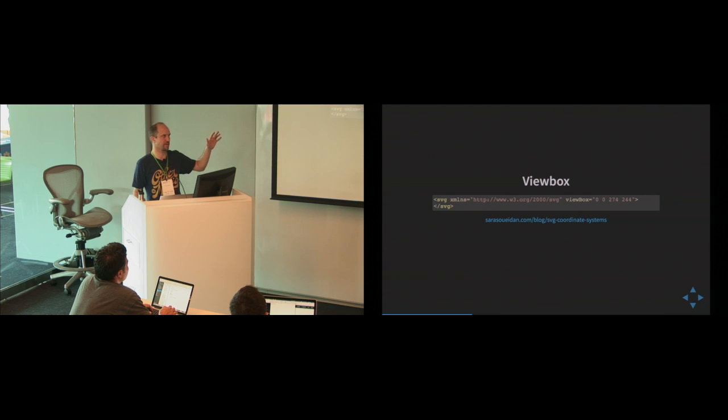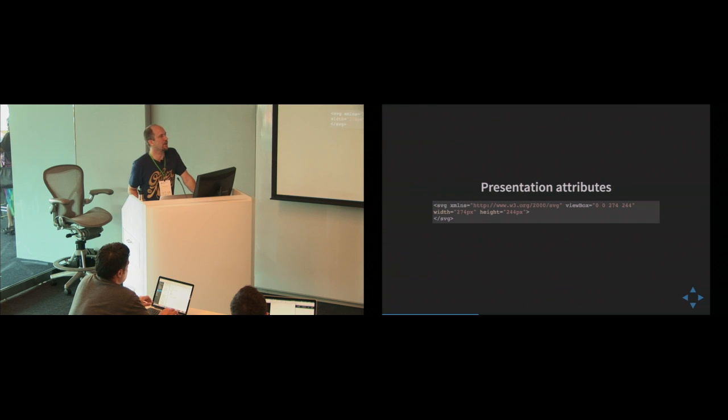What you have here is basically the definition of the grid. It's like the window through which you look onto that SVG. And you can edit that viewbox and get some interesting effects by having it zoom in and zoom out on the actual art contained within it. So it defines that window grid system.